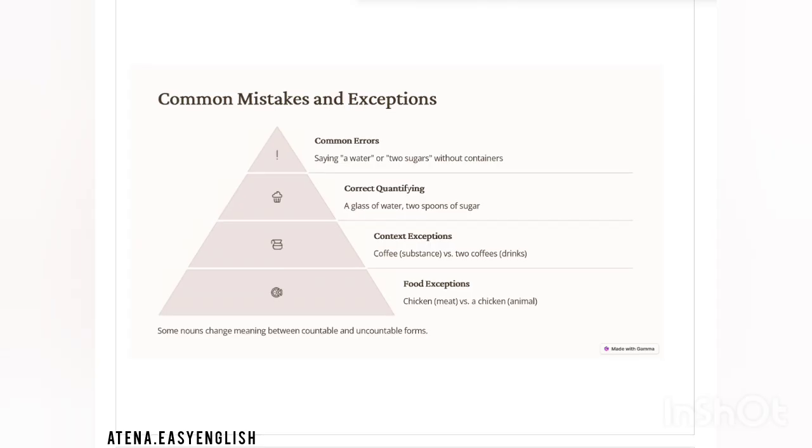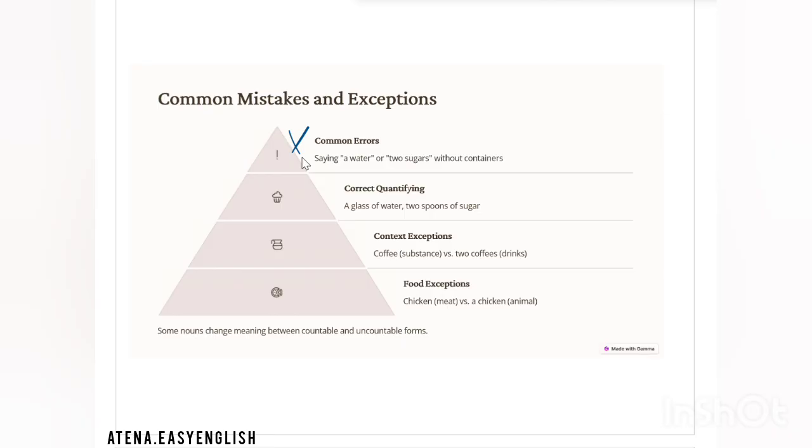And the next part, common mistakes and exceptions. Common errors: saying a water or 2 sugars without containers. It's a common mistake that many students make. Sometimes they just say, can you give me a water?